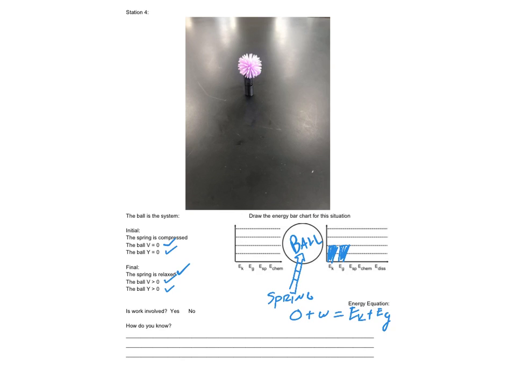Okay? So is there work involved? The answer is yes, because the spring is giving energy to the ball. Questions about that?